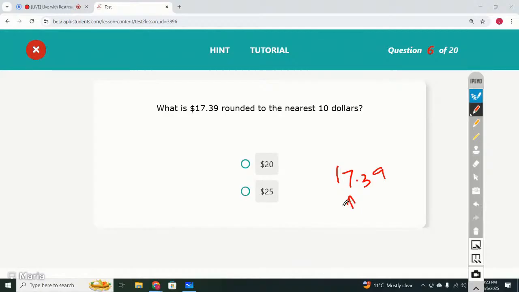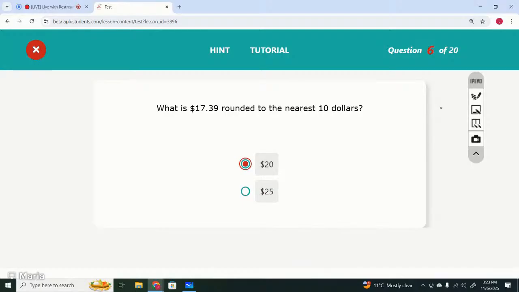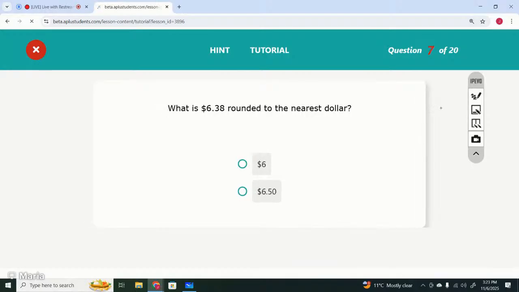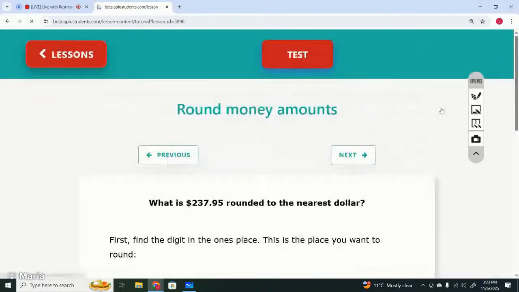We have 7 here. 7.39 is rounded to $20, right? The correct option is $20. Option number 1 is the correct option. Okay, you can complete the lesson by yourself later today. Let me just move on to the next lesson.